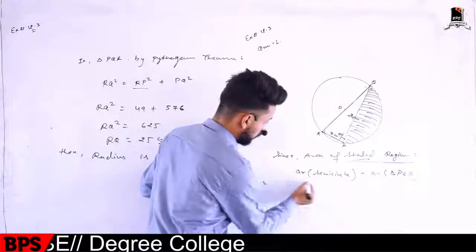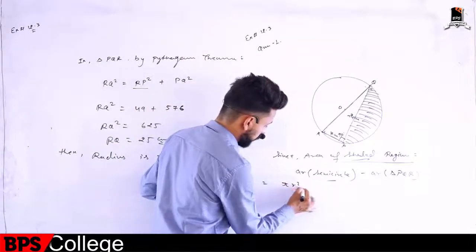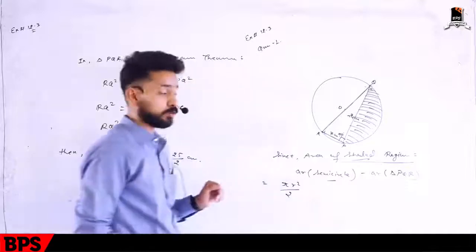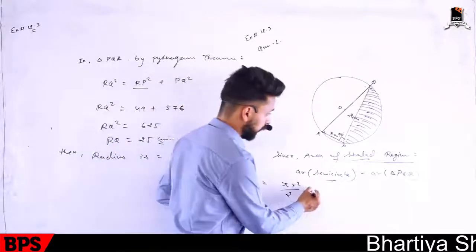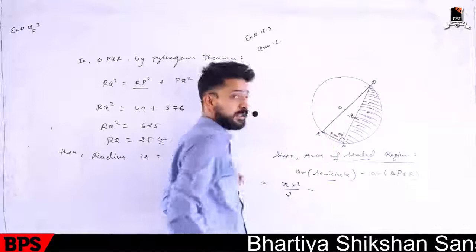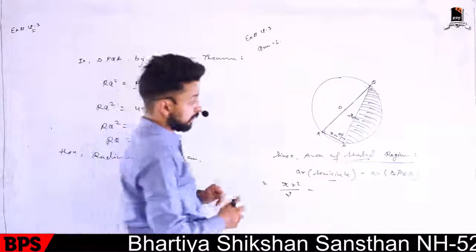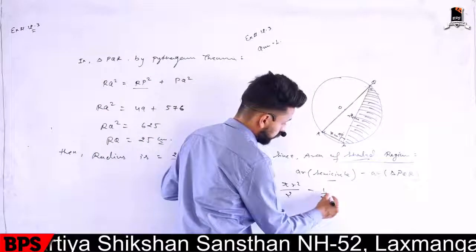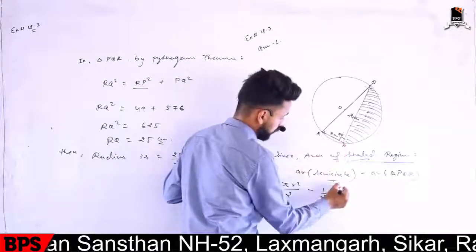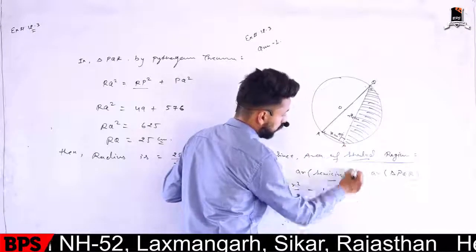Area of semicircle is pi r square by 2, and area of triangle PQR. Triangle PQR is a right angle triangle, then area of triangle PQR is equal to 1 upon 2 base 7 into height 24 centimeter.